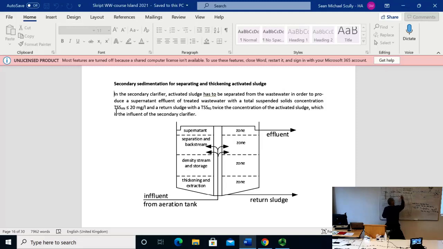And the scraper factor is 0.7 for the standard scraper, mechanical scraping, and it's 0.5 for suction scrapers.